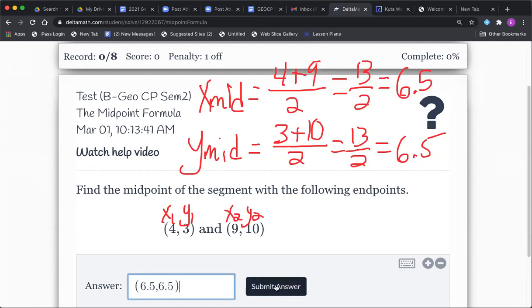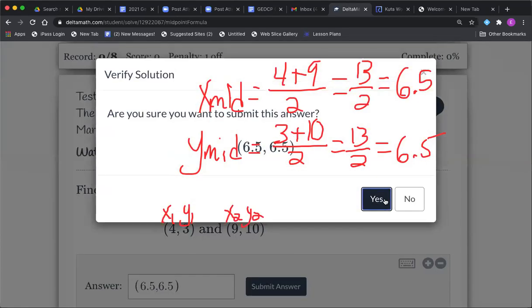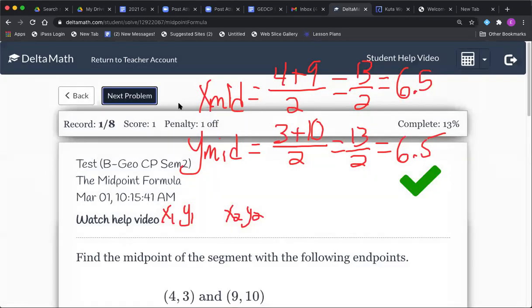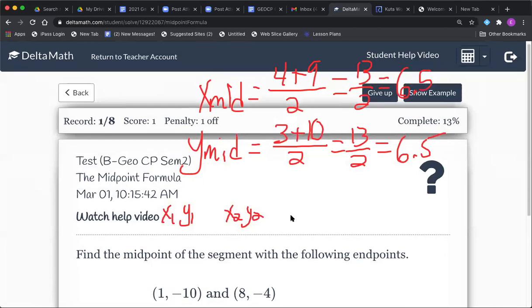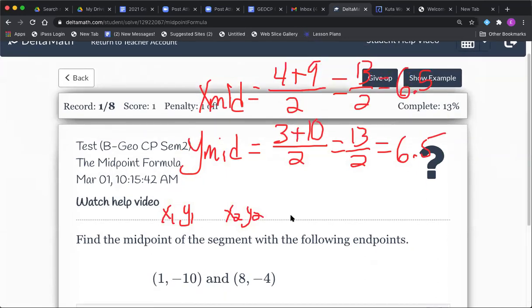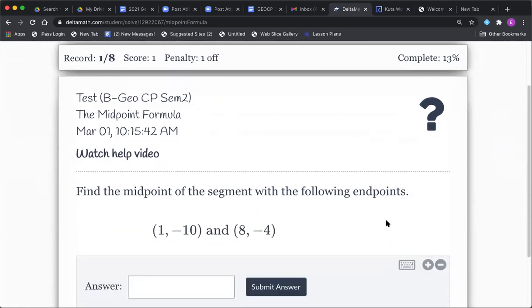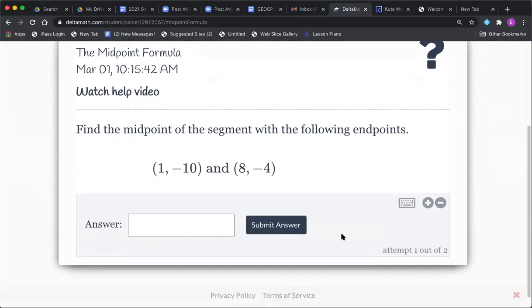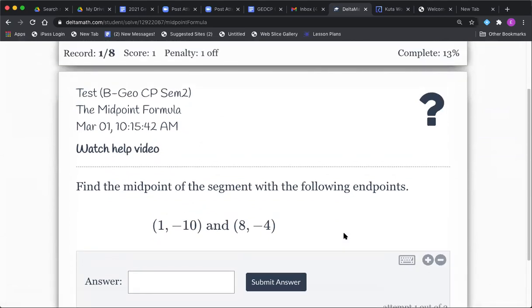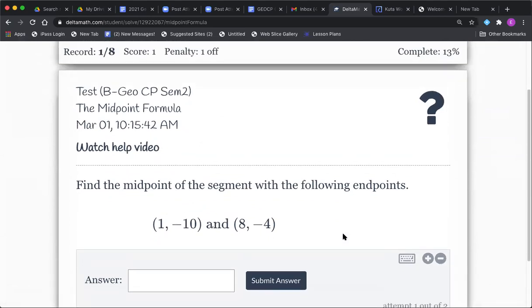So watch. This should take it just fine because I have the parentheses and the comma just like I'm supposed to. Let's try another one, and I'll purposely not put parentheses, and we'll see. It marked me wrong last time, so let's try it. If I'm doing the same math here, x of the midpoint, I'm going to add those x's together.